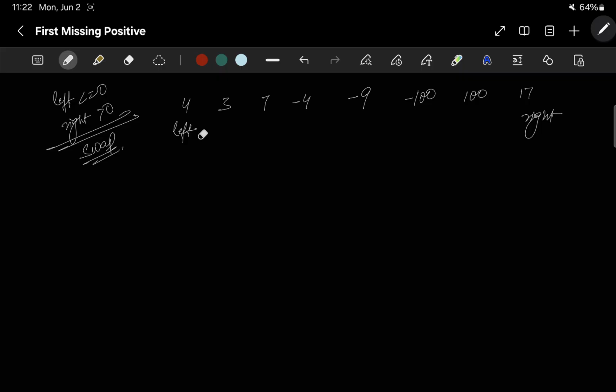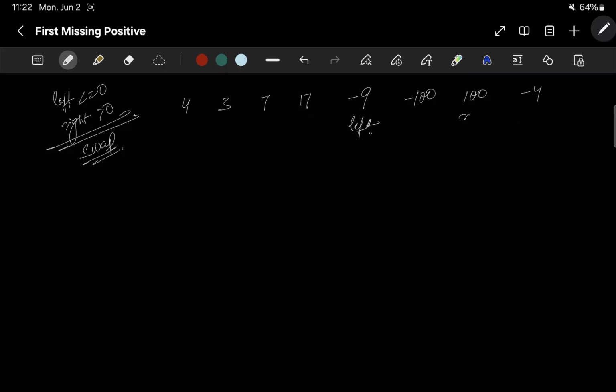Left is less than or equal to 0, right is greater than 0 does not hold. Still no. Now we move left here, still no. Now we move left here. Now in this case, left is less than or equal to 0 and right is greater than 0, so we swap. We get 17 and we get minus 4. Correct? Now we move both left and right.